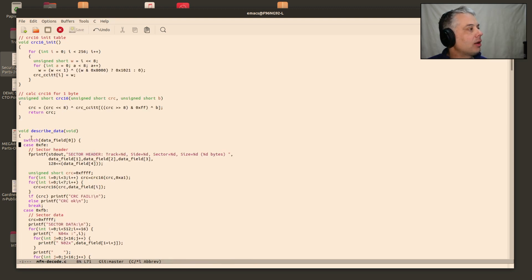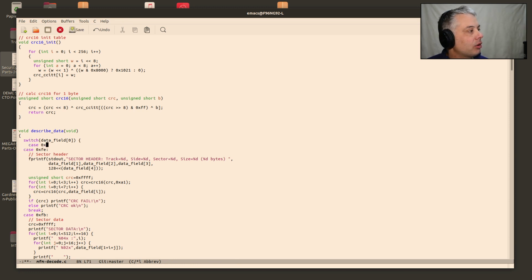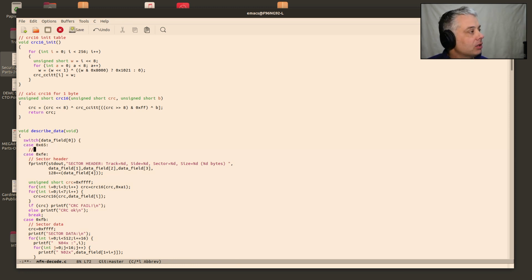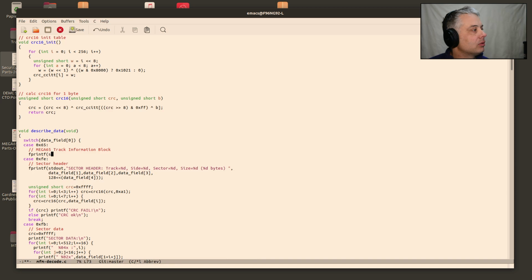So describe data, here we go. Case 0x65, MEGA65 track information block. Track equals %d, divisor equals %d, %0.2f megahertz.